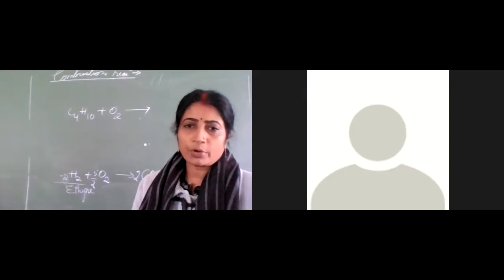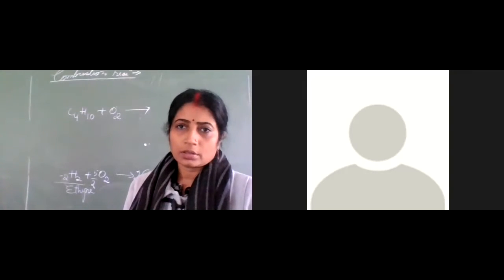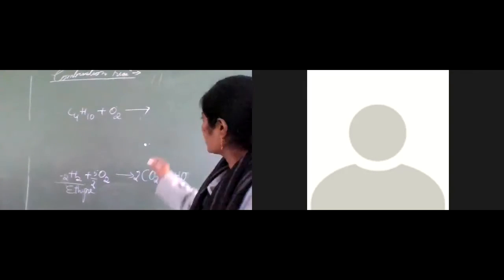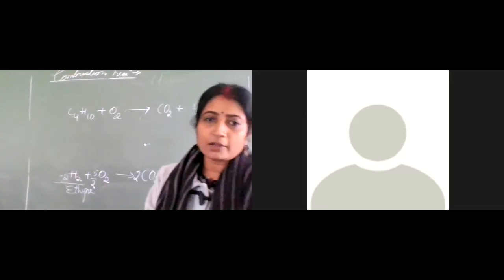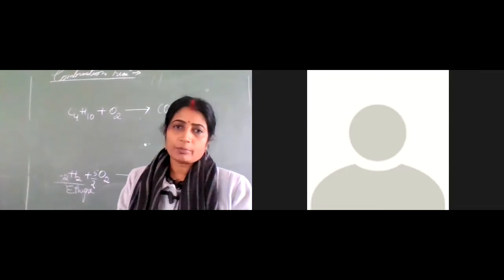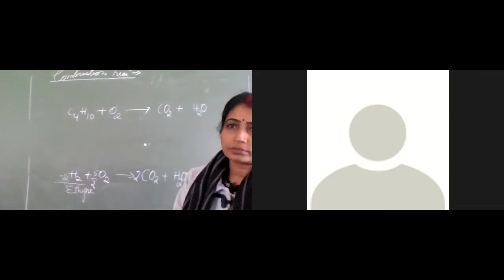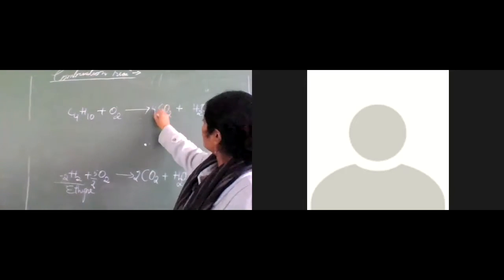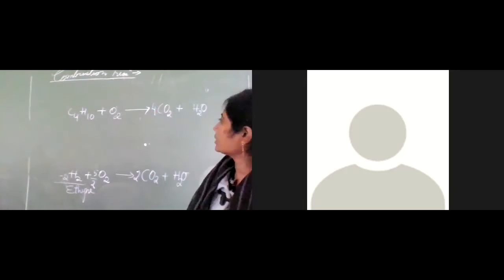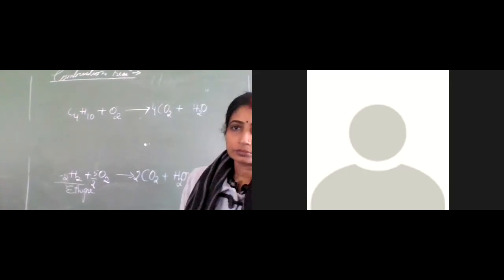You will write down the product. What product are you getting? Carbon dioxide and water. Okay, this is fixed. Now you need to balance carbon and hydrogen. So for balancing carbon, what will you write? 4 on the product side. And what about hydrogen? 5 on the product side.